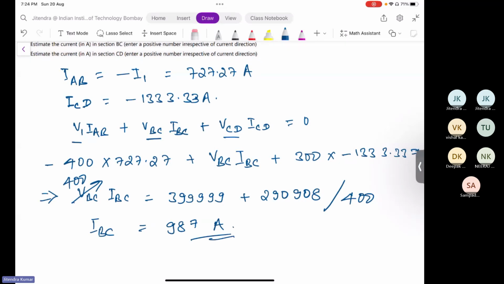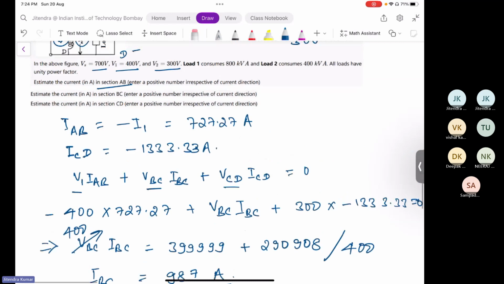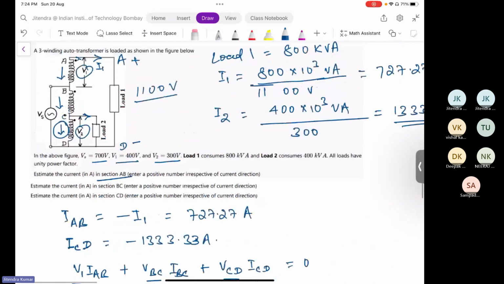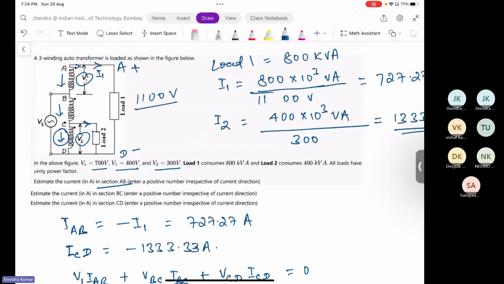Sir, we can directly calculate also. Which one you can directly calculate? IBC. IBC you can directly calculate. How? IBC is nothing but this primary current minus this current I1.